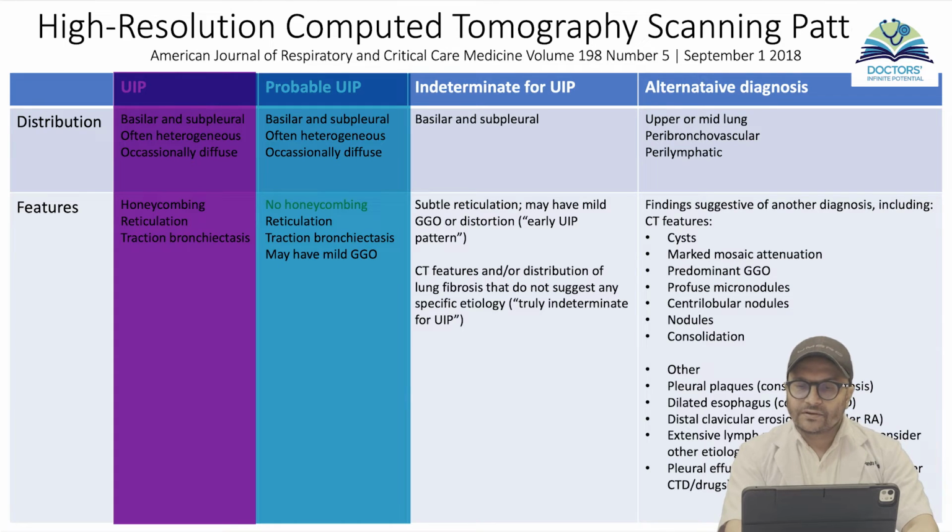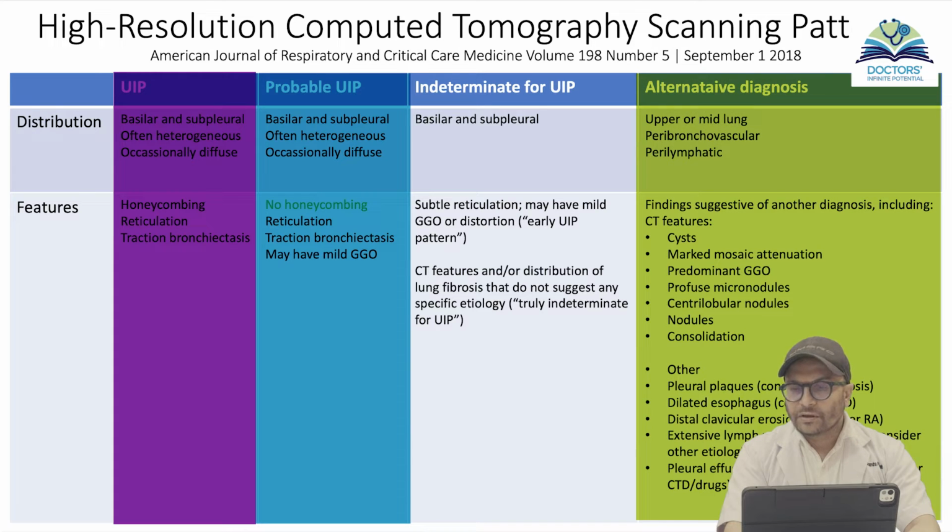And let's talk about alternative diagnosis first, where there is involvement of upper and middle lung with peribronchovascular or perilymphatic distribution, which means there is central involvement of the lung, unlike UIP, which is peripheral. And there are other CT features like mosaic attenuation, predominant ground glass opacity, profuse micronodules and other nodules, consolidation, then we always think of alternative diagnosis rather than UIP.